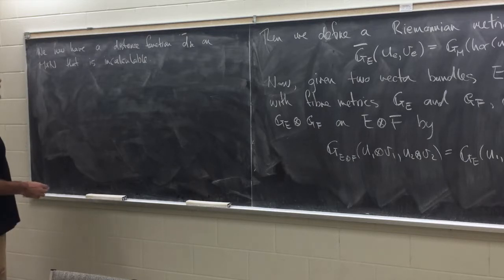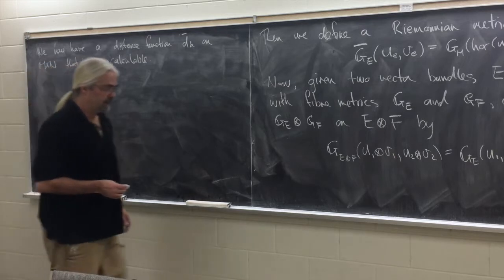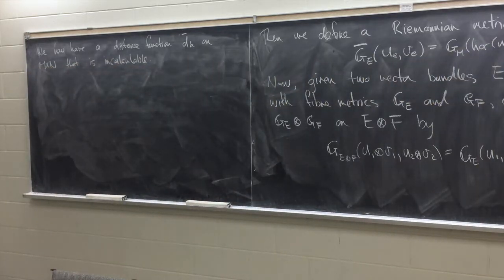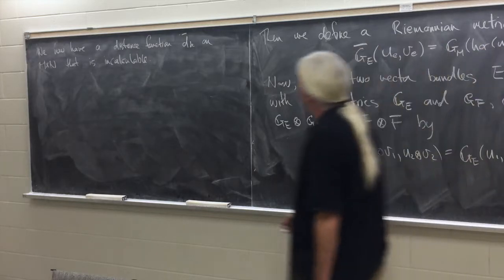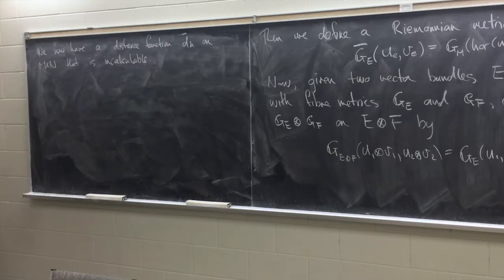Okay, so now what we're going to do is define topologies on various spaces of mappings using these distance functions. So in the short time that I have left, we'll do this in the easiest case, which is the case of mappings of class C^k.